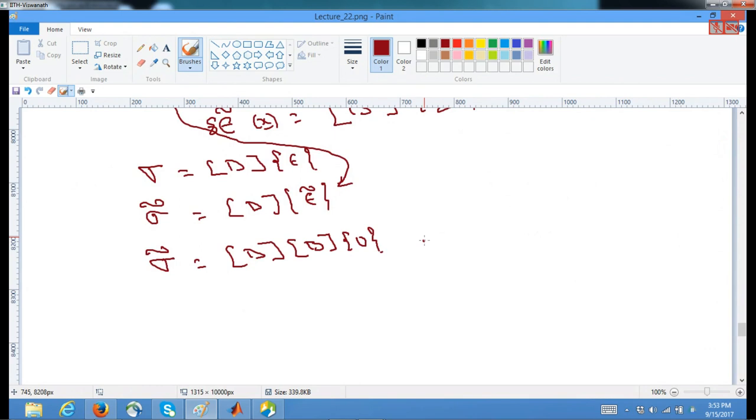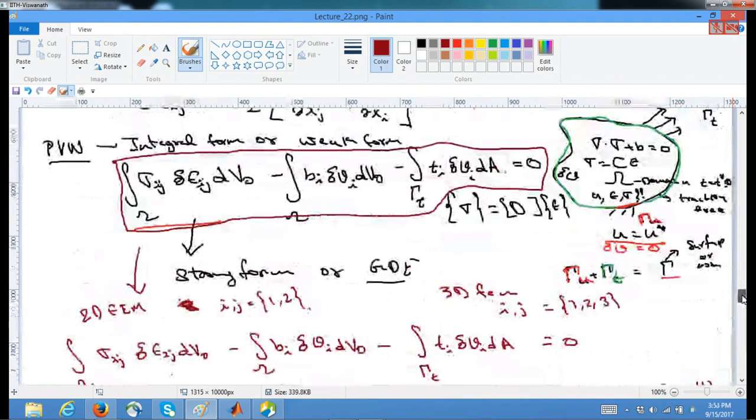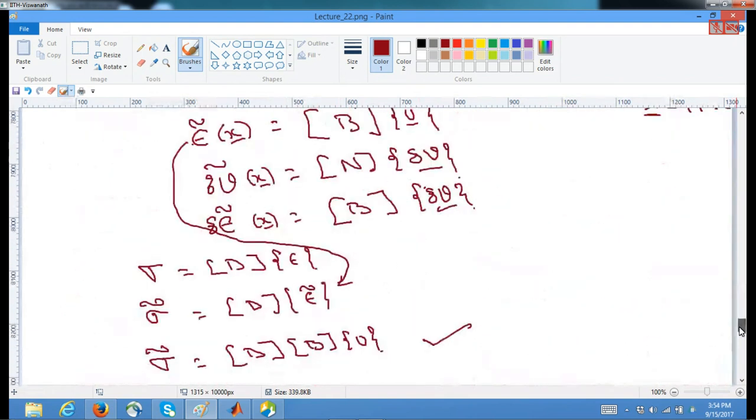Now I have my definition of stress, my definition of virtual strain, and all other things that are there. Now I'm in a better position to write this and simplify it. So before I do it, I rewrite this in a simplified fashion again.